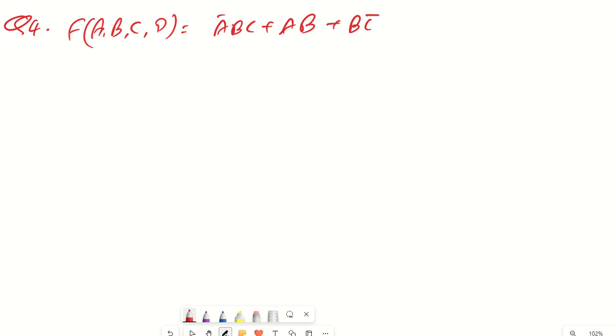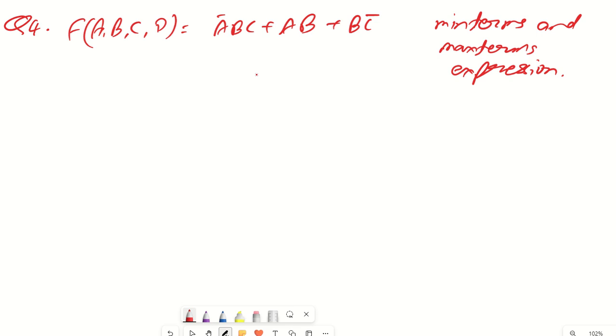So we have to find out min term and max term expression. Understood? So this is the question. Find min term max term expression.